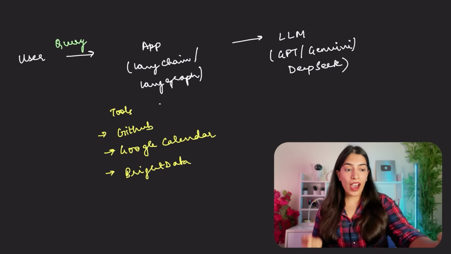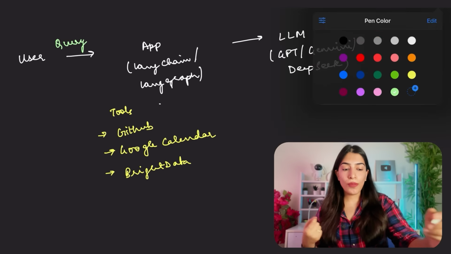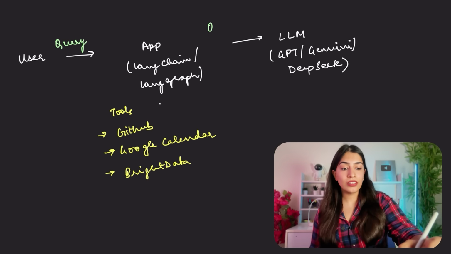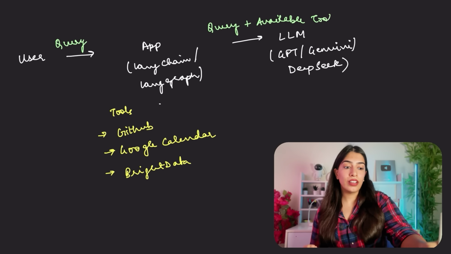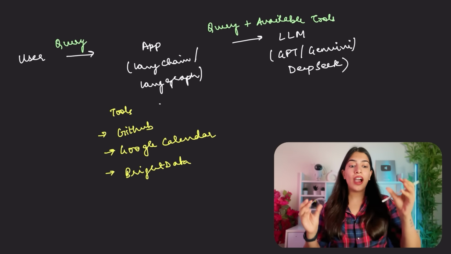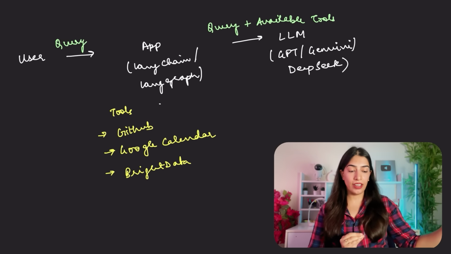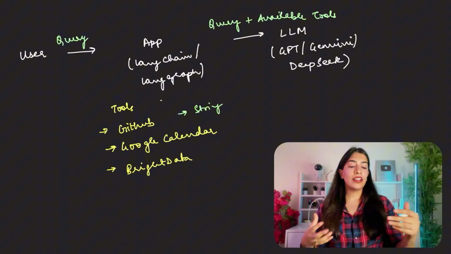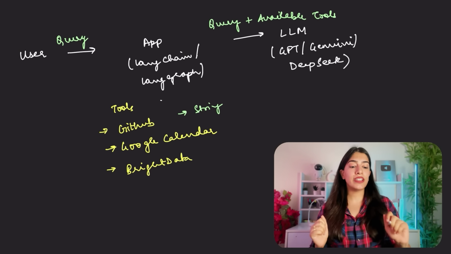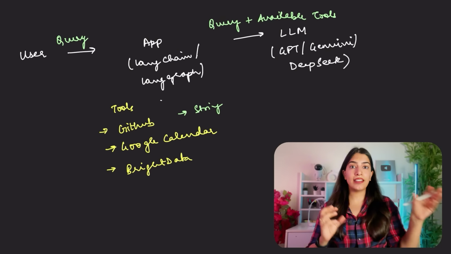So from our application, we are going to send the user query as well as the available list of tools, right? So these tools are available, and our application is going to tell our LLM. Now corresponding to every tool, there is one string that tells, in simple natural language, the task that this tool performs.